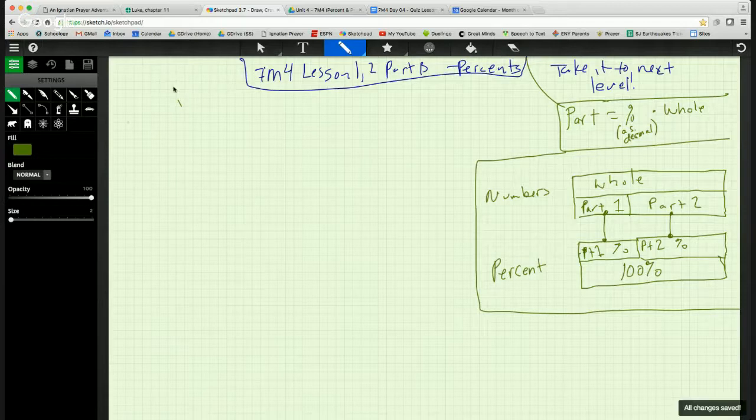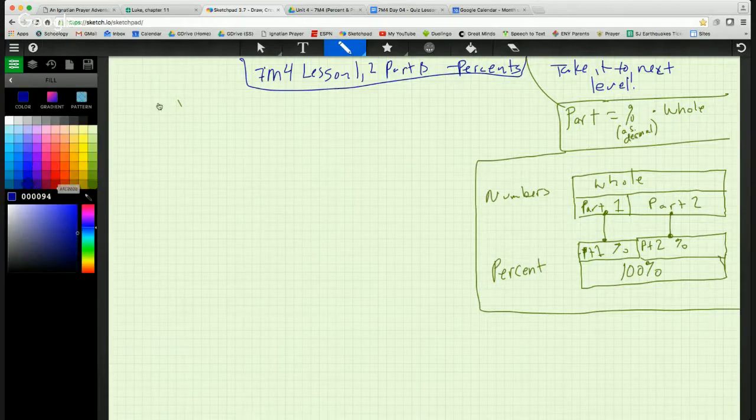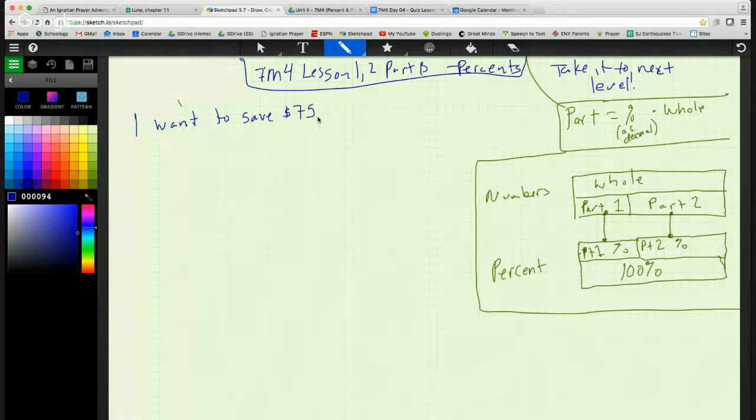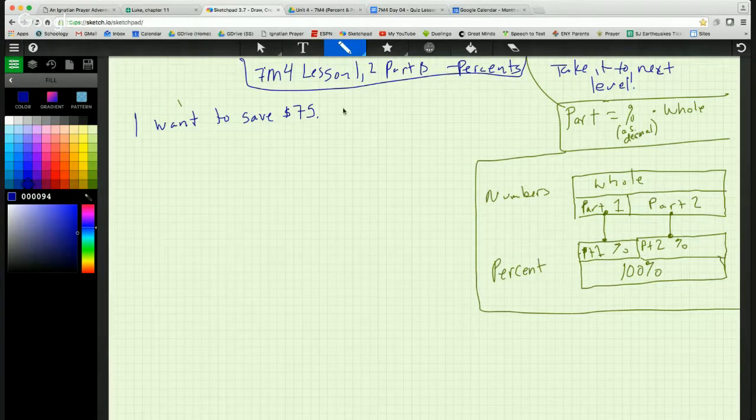The way we're going to ask this question: I want to save $75. What is 60% of my goal?